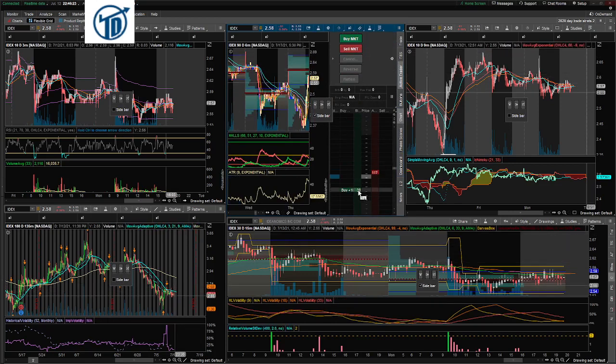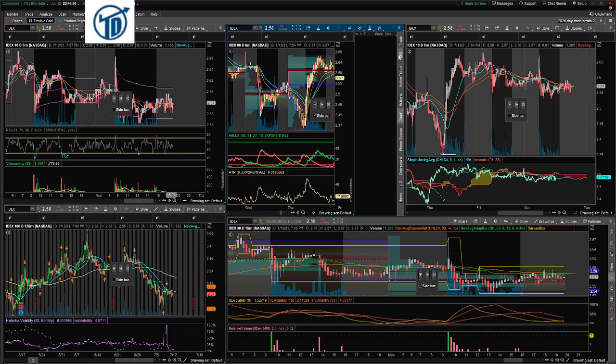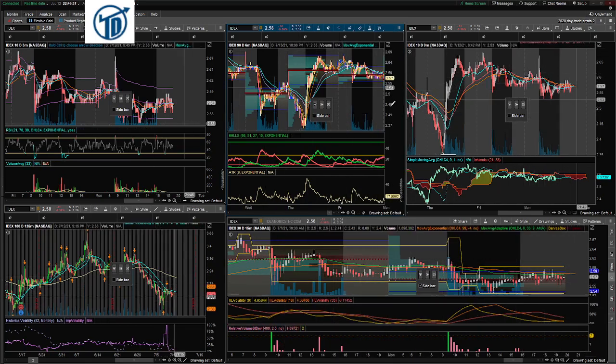So this is active trader, where I can add another chart to it. This one I use mostly for futures if I'm day trading, but I mostly use the time and sales. I use this chart to monitor that. So I don't have the sidebar on any other chart except this one at the bottom.